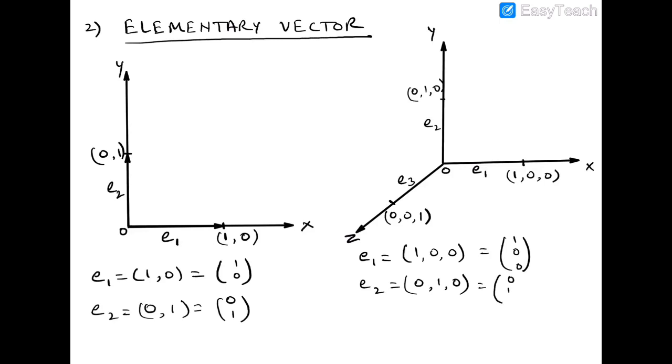As we can see, in E1, except the first entry, all entries are zeros. In E2, except the second, all entries are 0. In E3, except the third entry, all entries are 0.